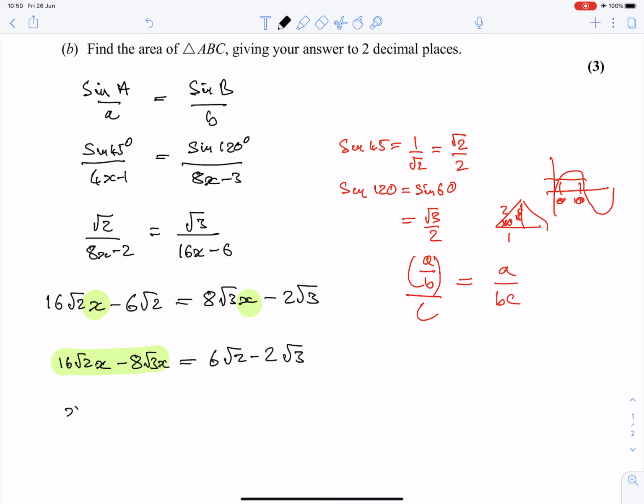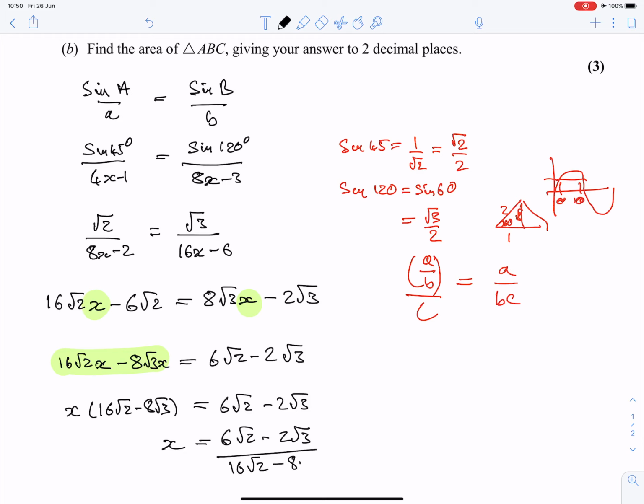So x is equal to (6 root 2 minus 2 root 3) divided by (16 root 2 minus 8 root 3). So I found x.